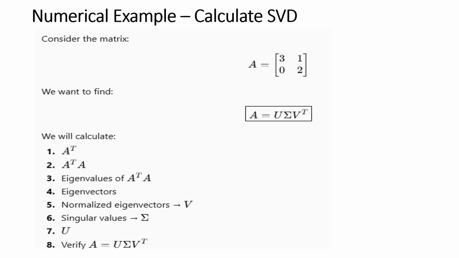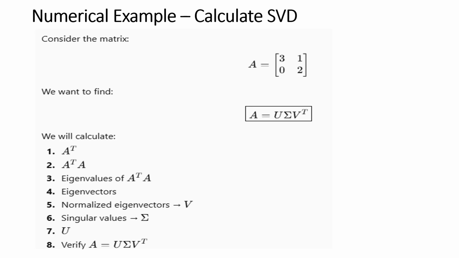Next we normalize the eigenvectors, making them unit vectors. Then we get V, and later we find the transpose of V, to get V transpose, the right singular vectors of the SVD.